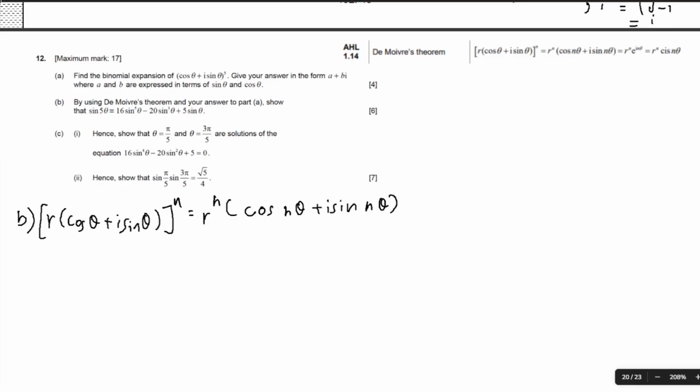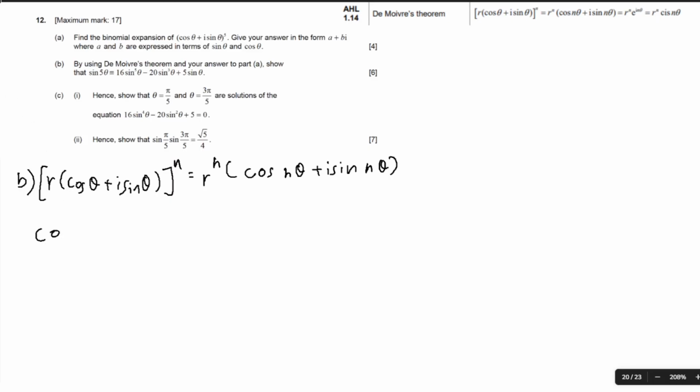All right, so by knowing this, we just need to take our equation here, which is (cos theta plus i sine theta) to the power of 5, and we would be able to turn it into this equation right here. So we would have cos 5 theta plus i sine 5 theta.